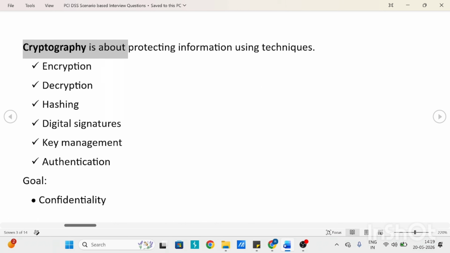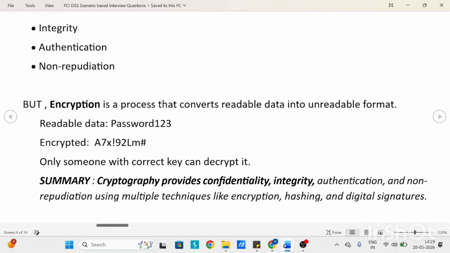Crypto is about protecting information using techniques. Cryptography consists of encryption, decryption, hashing, digital signatures, key management, and authentication. The goal of crypto is confidentiality, integrity, authentication, and non-repudiation. But if we talk about only encryption, it is a process that converts readable data into an unreadable format.